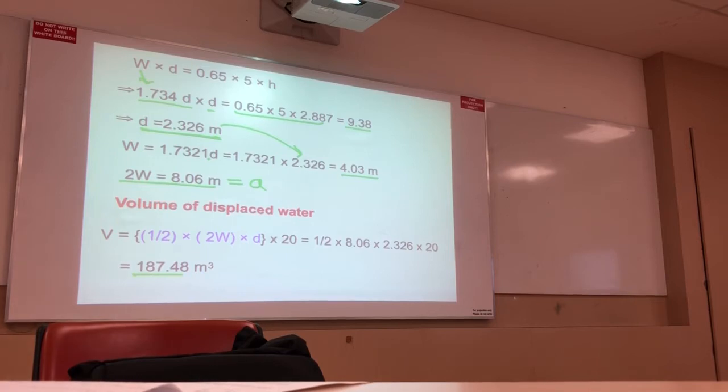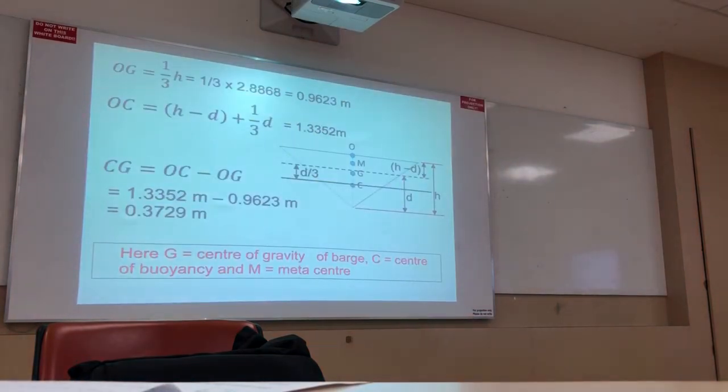Okay. You have to practice, okay? This one I explained already. So now you can see OG or CG, I can find OC minus OG. I substitute the value, and I get CG equivalent to 0.3729. Value of CG.